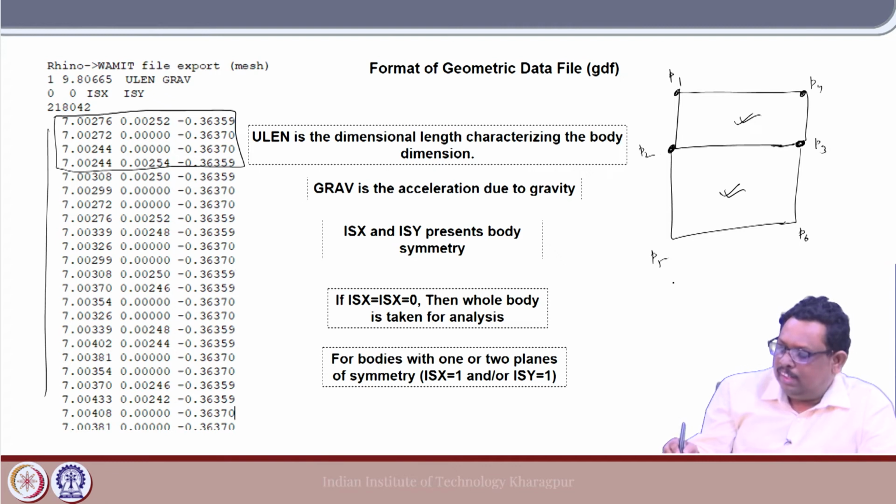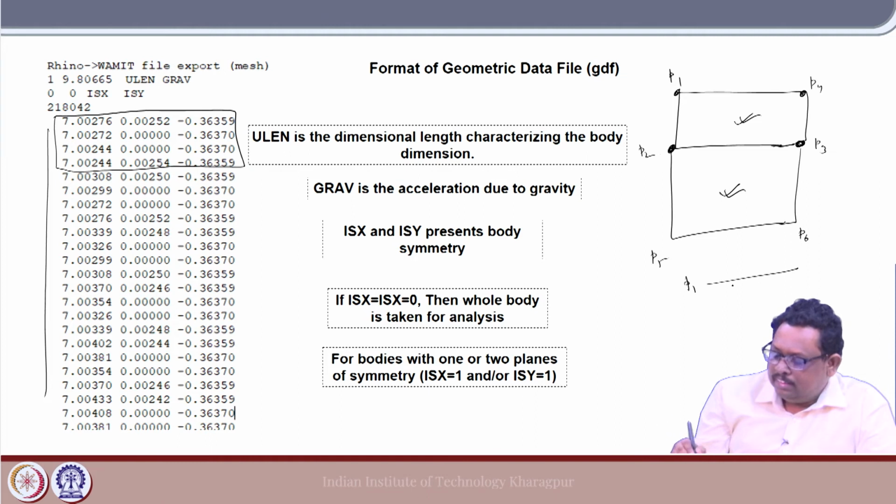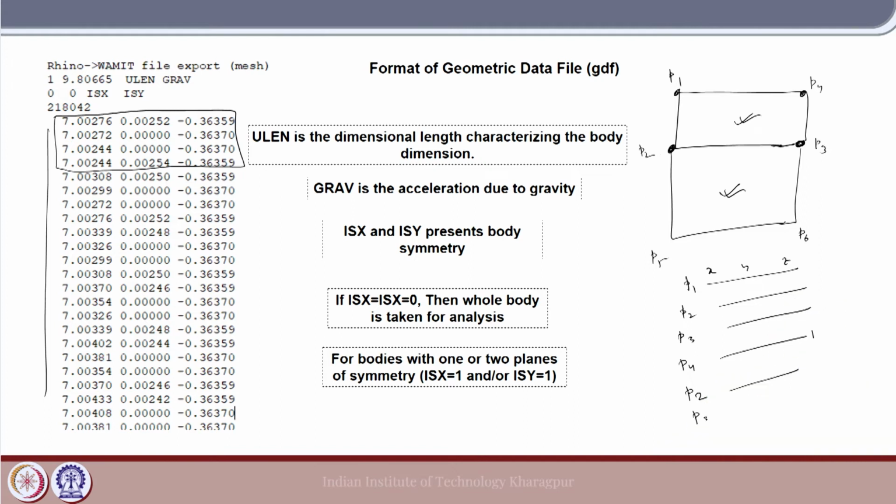Then your input file should have first the values for P1 in the first row. So, P1 x y z, then P2 x y z, then P3 x y z and then P4 x y z, and again for the second panel you have to give P2 x y z, and then P3 x y z and so on, and then P5 and then P6.